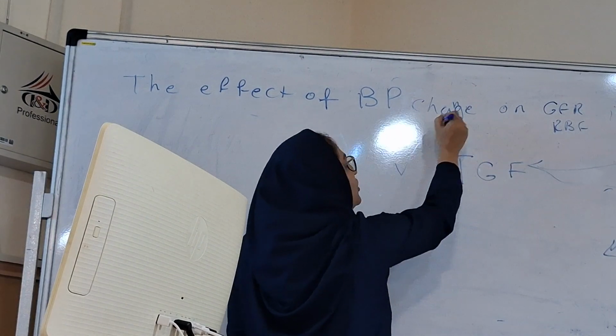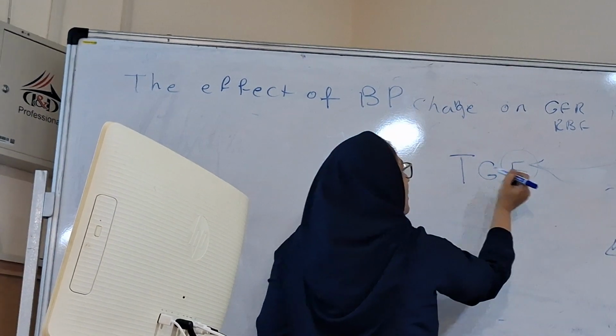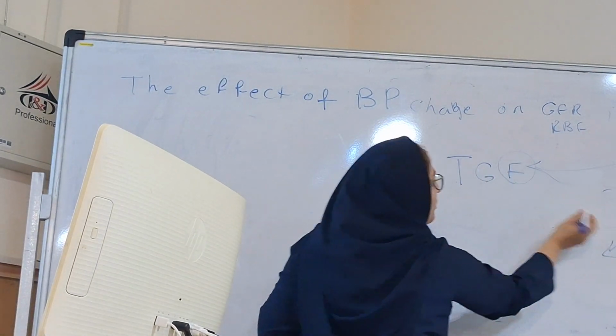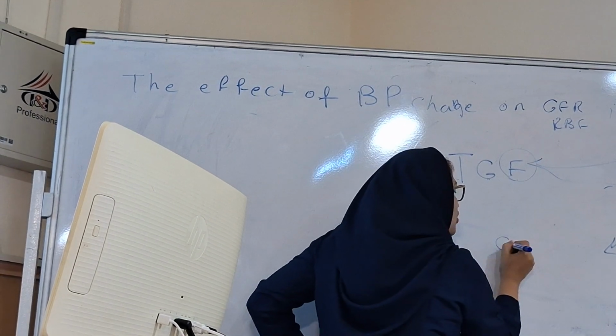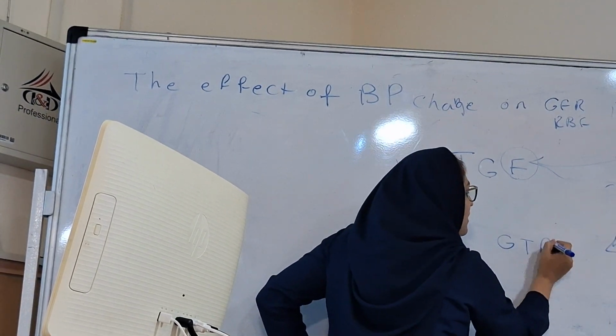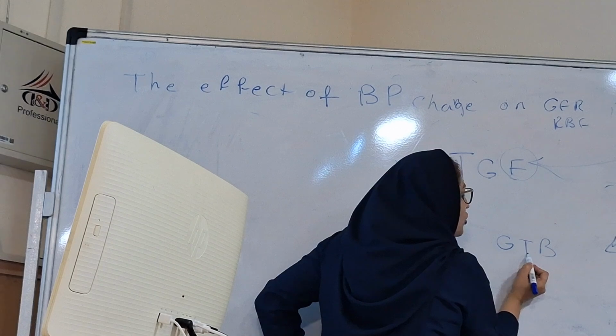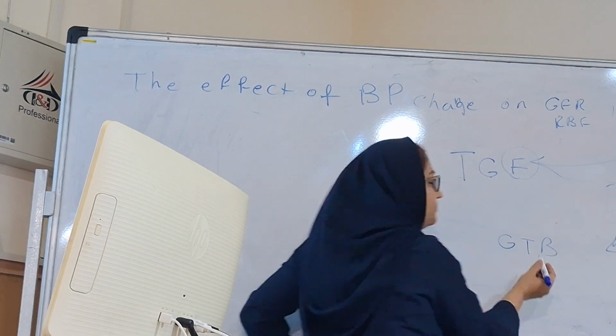We talked about TGF, a feedback from tubules toward the glomerulus. The second one was GT balance, glomerular-tubular balance.